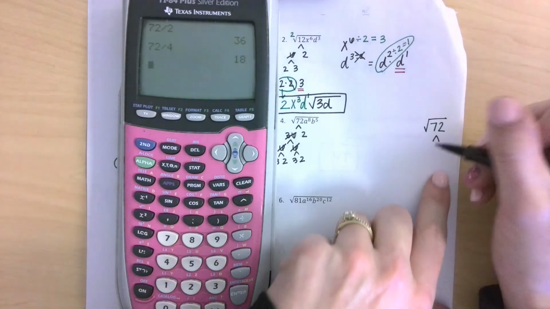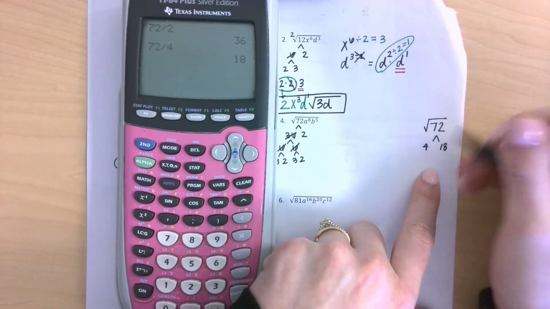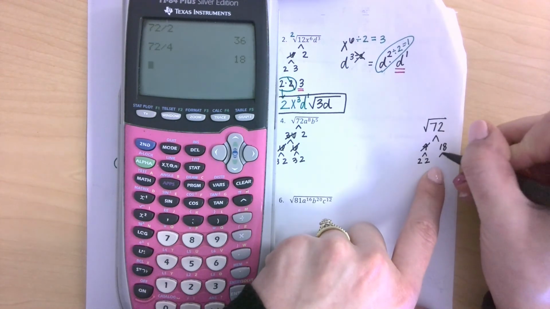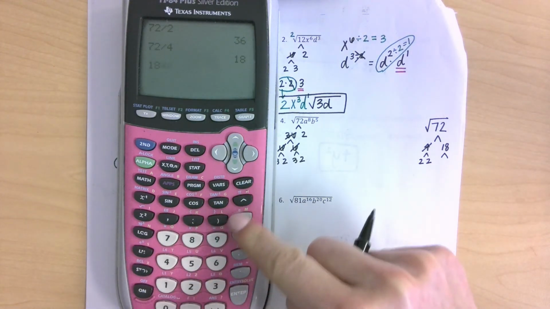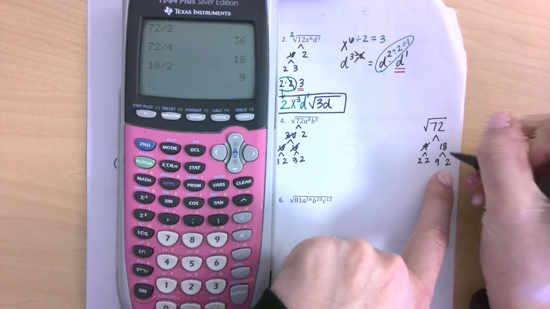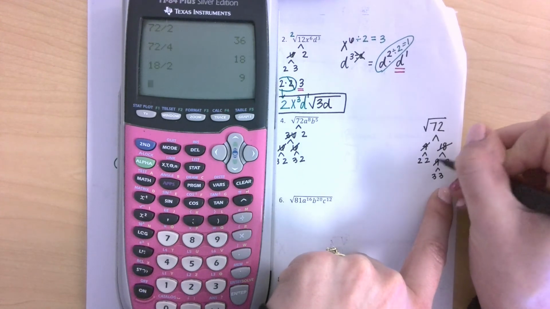Okay, well that works. So I could do 4 and 18. 4 I can break up into 2 and 2. 18, I believe I can divide by 2, gives me 9 and 2. And then 9 I can break up into 3 and 3.